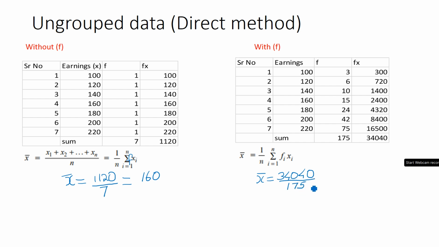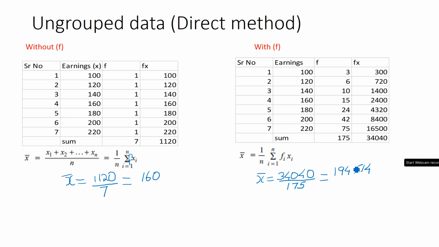So I divide that by the summation f. If I calculate, the average should turn out to be 194.514. So we observed that using the direct method, our formula is summation fx divided by summation f.